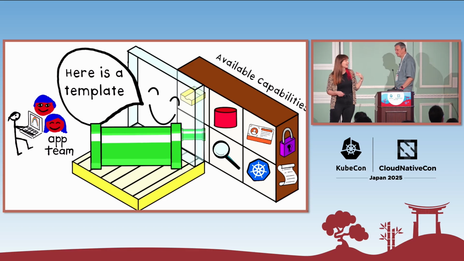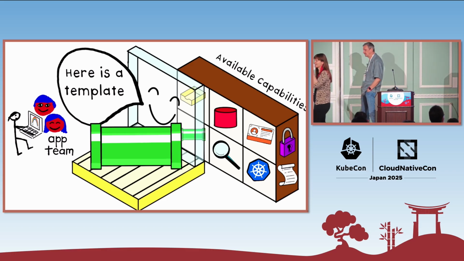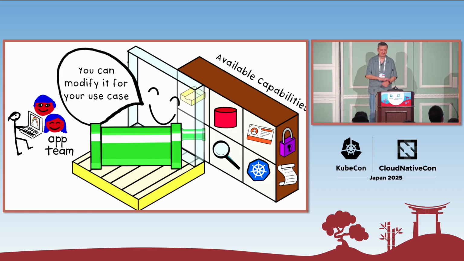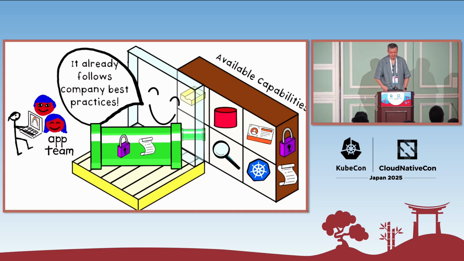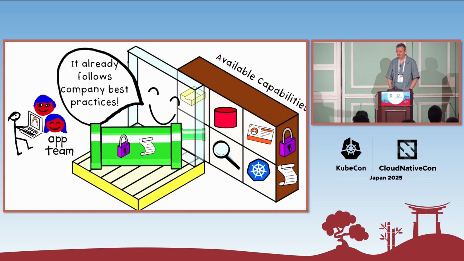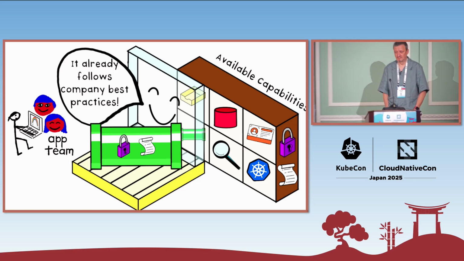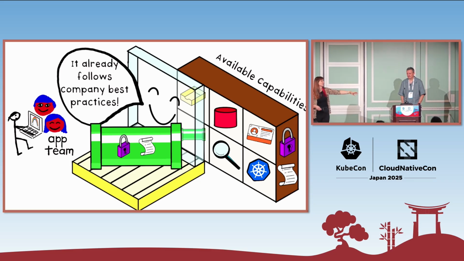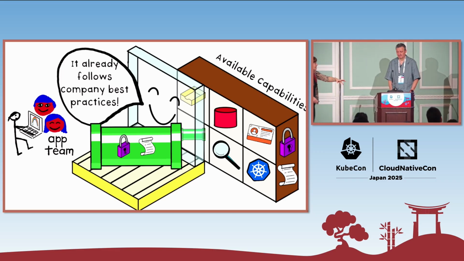They need a pipeline. As platform engineers, we could say, here's a template. This follows all of our company best practices, and you can extend it for your use case. It already has security and compliance and all of that. You can take it and customize it, and you can run your pipeline wherever you're already running your pipeline, because surely you're doing that by now already.